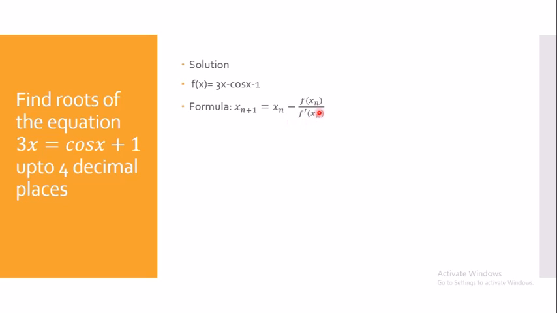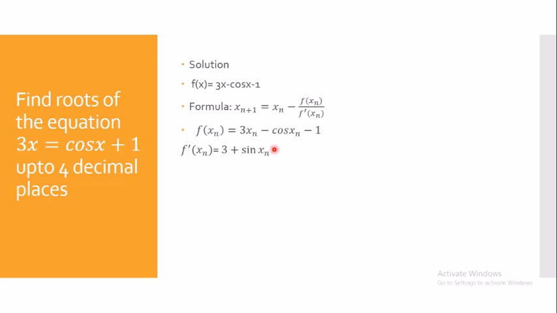Now since you have f'(xn) in the denominator, you will have to differentiate this function. Okay, so when you differentiate the function, what will you get? Yes, now I'm going to write this in terms of xn. f(xn) = 3xn − cos xn − 1. When I differentiate it, I get 3.